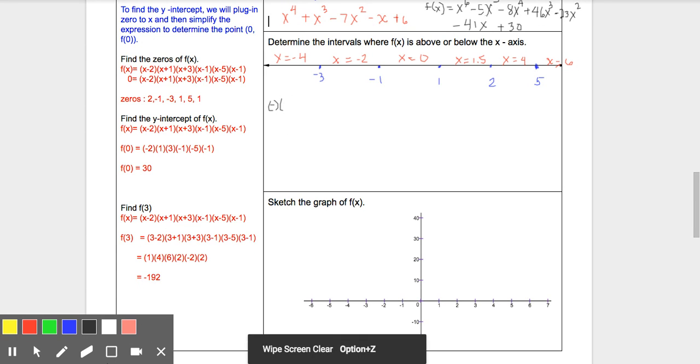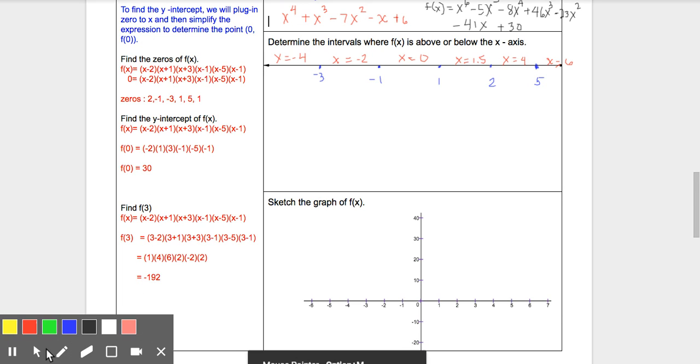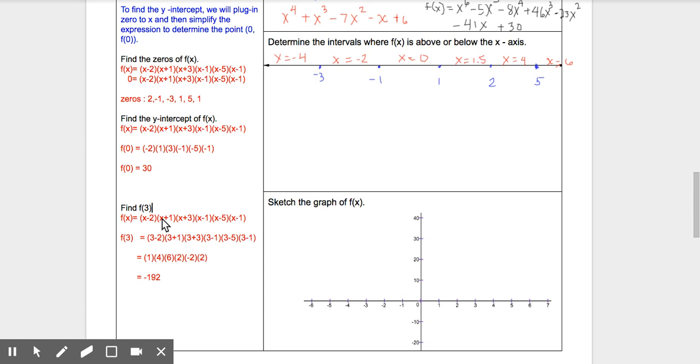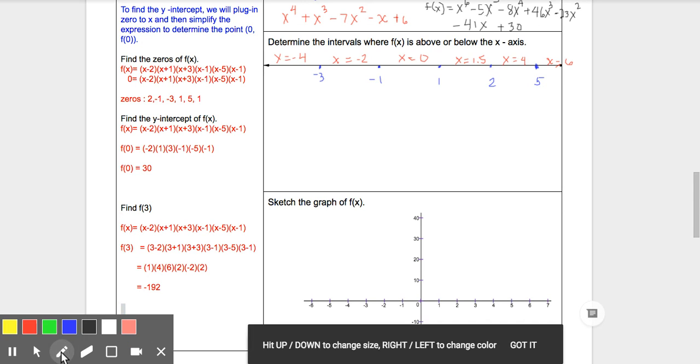Maybe I'll just put the sign on the top.